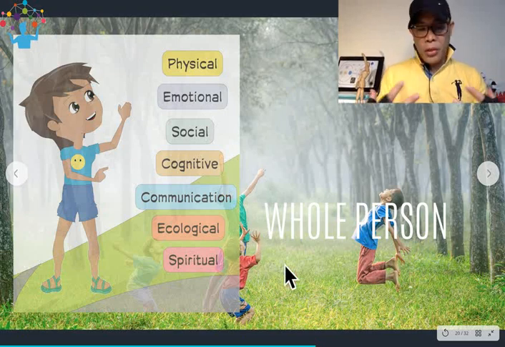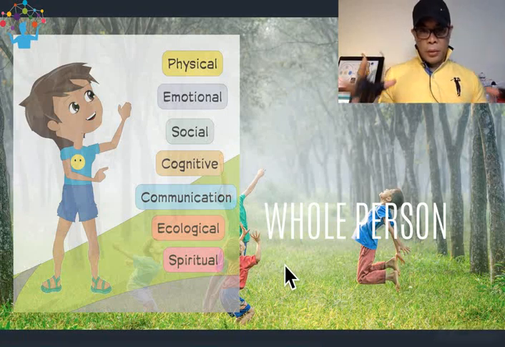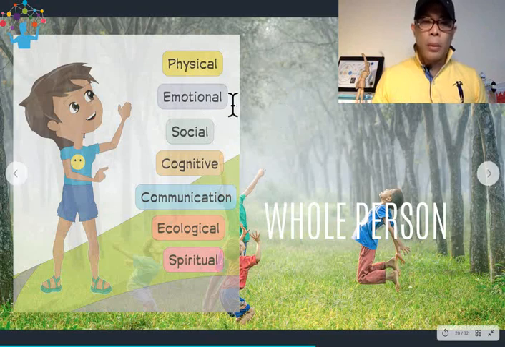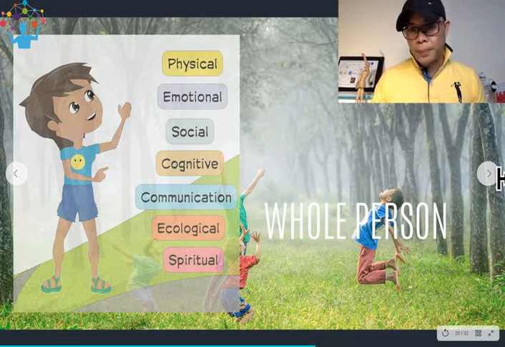These are the indicators of how I have to see the whole person of a child. So whether I'm teaching math, science, or language, or any kind of lesson inside a class, or any kind of activity, I would have to look at these indicators of the whole person.